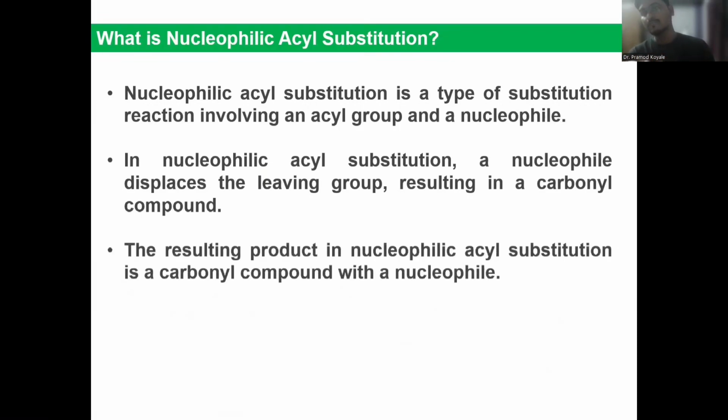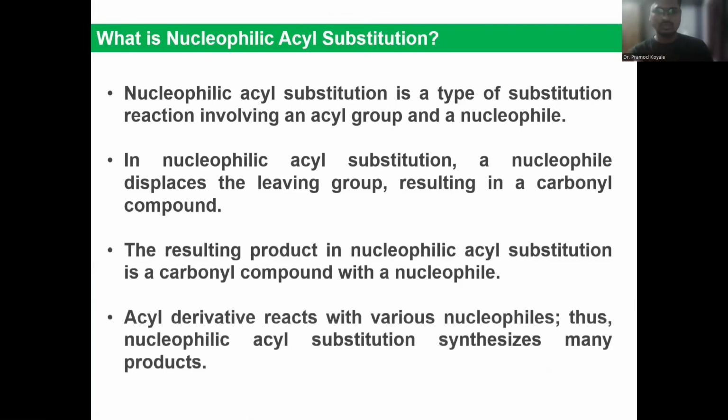So it is useful to synthesize a number of acyl derivatives having different leaving groups or nucleophiles. The resulting product is the carbonyl compound with the nucleophile. So it can react with various nucleophiles. Thus, nucleophilic acyl substitution synthesizes many products.